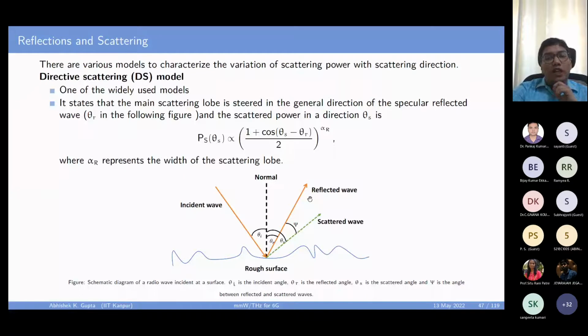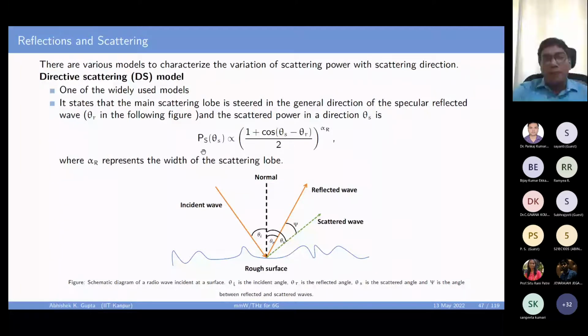There are different models for this scattered wave. One is the directive scattering model, which says that the scattered power is highest in the reflected wave direction, and it decreases on both sides with this formula. Theta s is the angle from the normal.